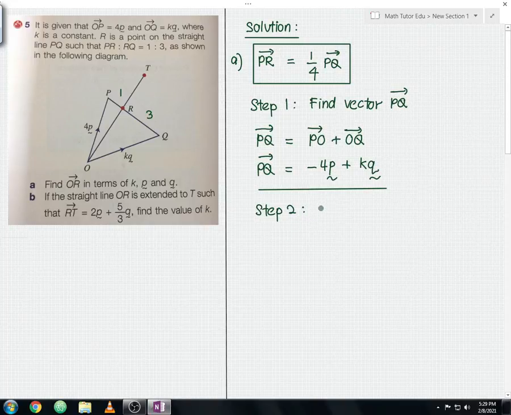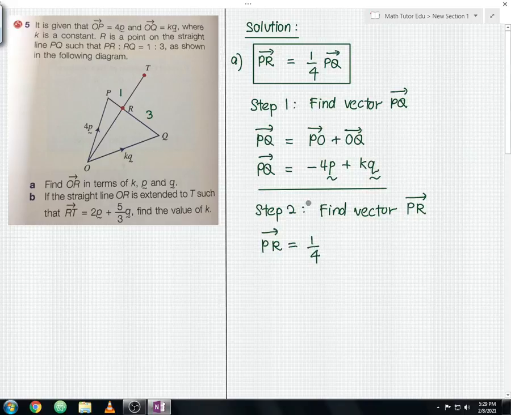So vector PR will be equal to 1 over 4 times the vector PQ.